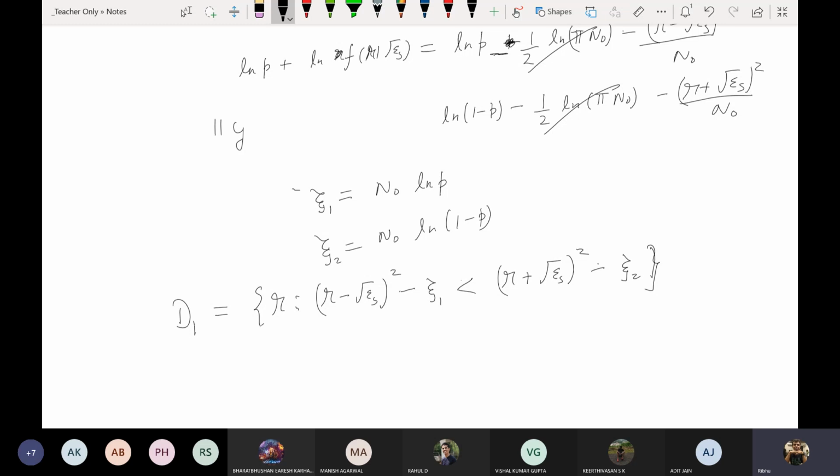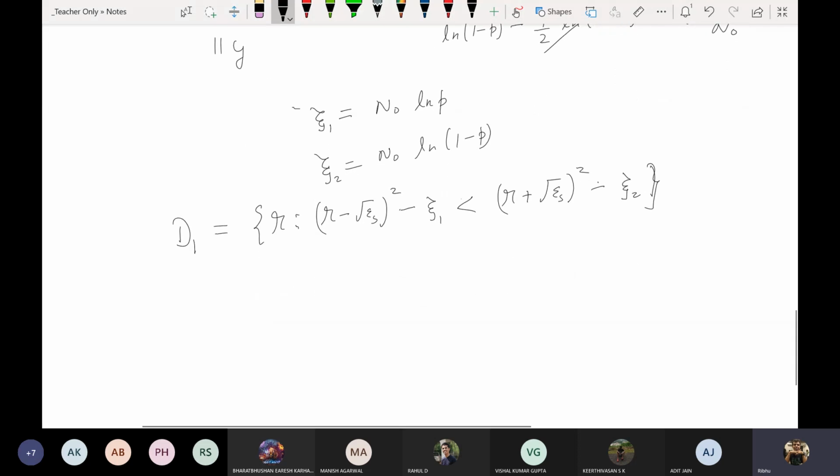I just wanted to confirm my expressions for xi 1 and xi 2, because yesterday while doing this quickly, I had taken these to be N naught by 2 natural log of p and N naught by 2 natural log of 1 minus p. If you look at yesterday's notes, I did this quickly and made that mistake. So today, just to be double sure, I derived it out. Since we are doing this in detail, let's spend some extra time on that.